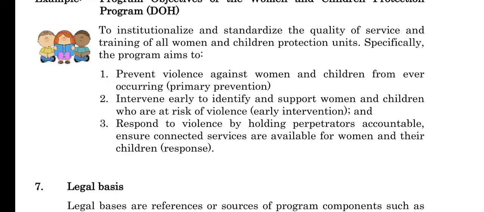So it is here stated that to institutionalize and standardize the quality of service and training of all women and children protection units, specifically the program aims to prevent violence against women and children from ever occurring, intervene early to identify and support women and children who are at risk of violence, and respond to violence by holding perpetrators accountable. Ensure connected services are available for women and their children.